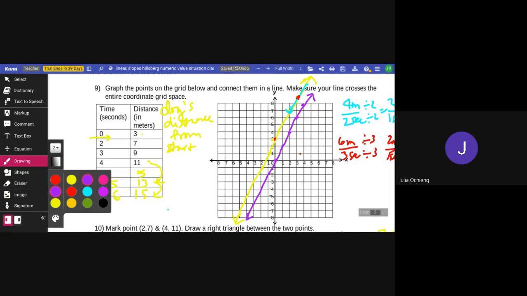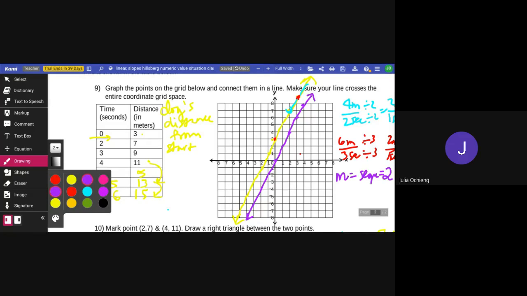So notice that the purple line and the yellow line have the same kind of inclination, like how steep the line is. So the purple is the same steepness as the yellow, because the slope is basically measuring how steep that line is. So Mr. Hillsberg's steepness, or slope, and we use m to stand for slope, is 2 meters per second.